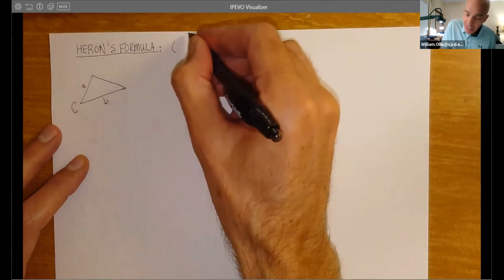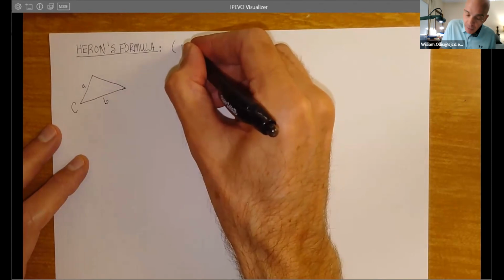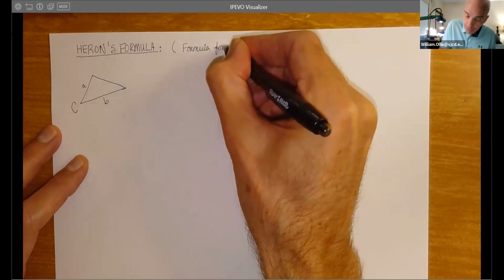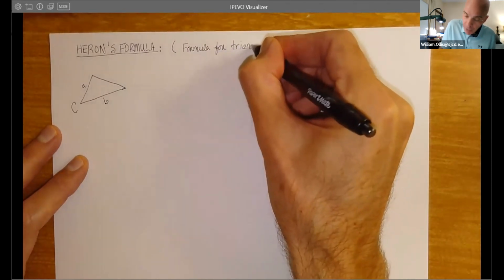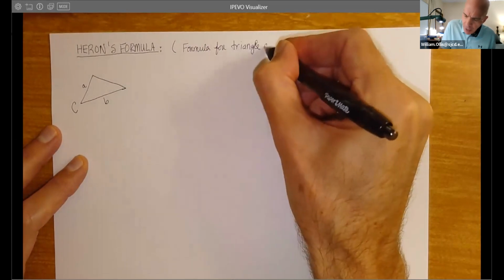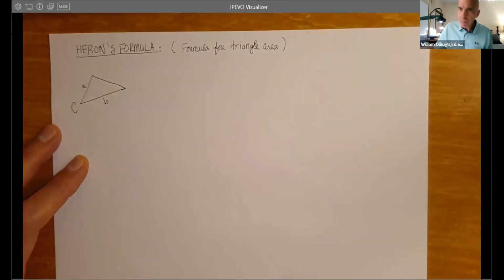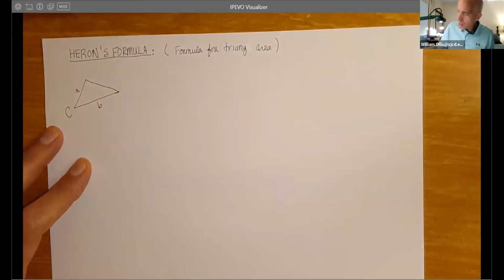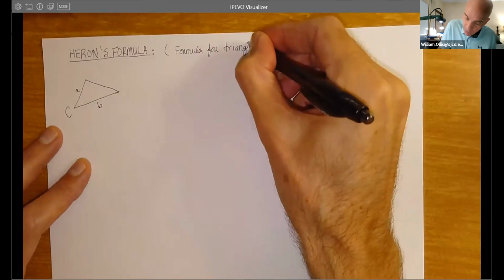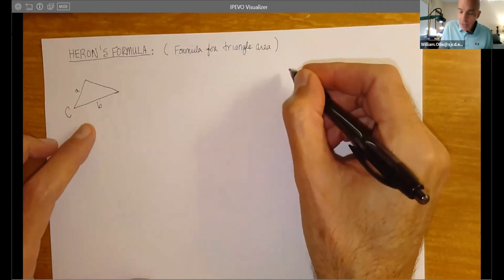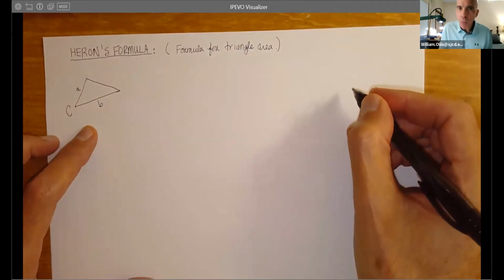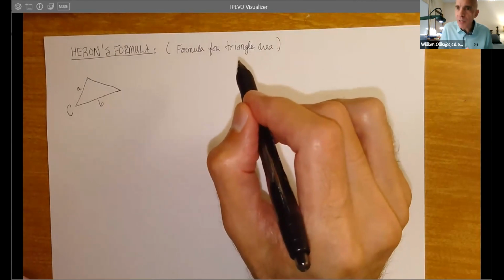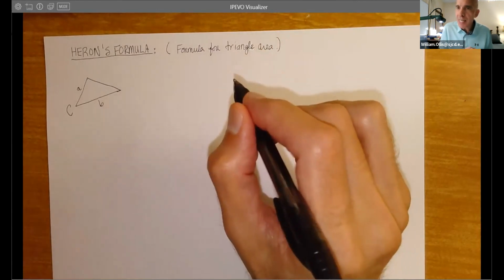This would be basically a formula for triangle area. Now you're thinking, we have that formula from sines, the sine of theta when we've got the included angle like we have here. Do we need another one? The beauty of this formula is that it only includes the lengths of the sides.